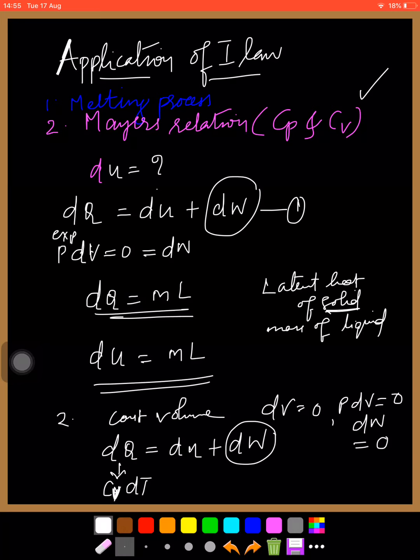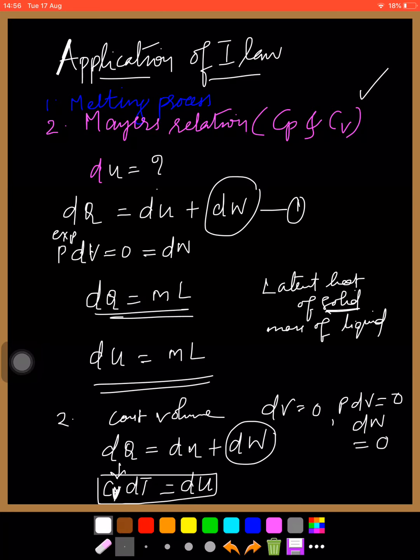So for a dT increase, the quantity of heat is Cv dT at constant volume, and from first law, this is equal to dU.